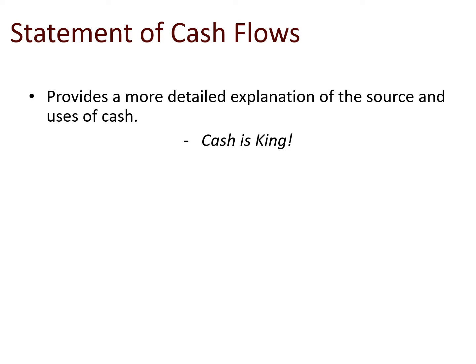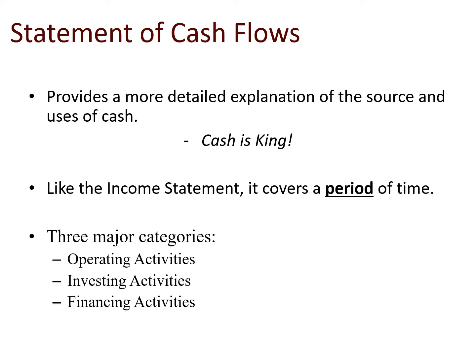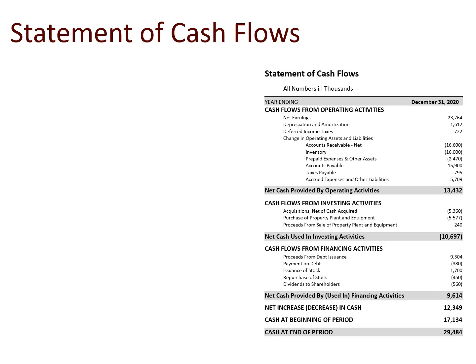However, because cash flow is as important as it is, the statement of cash flows is an important financial document. It's similar to the income statement in that it covers a period of time, as opposed to the balance sheet, which is a point in time. The three major categories we'll discuss are operating activities, investing activities, and financing activities.